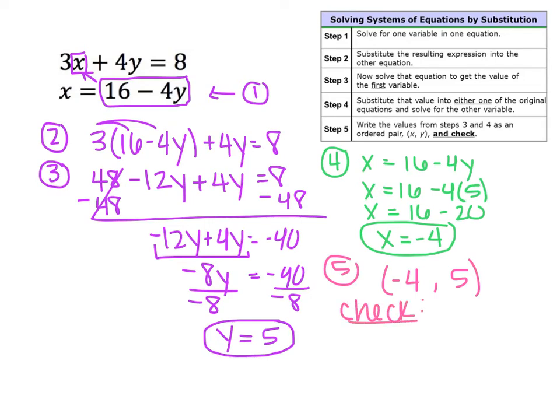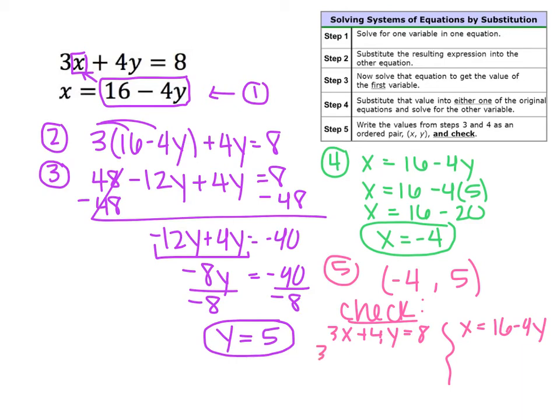check. Right, to check, we take both of our original equations, 3x plus 4y equals 8, and x equals 16 minus 4y, and put in negative 4 for x and 5 for y to make sure they're both true.